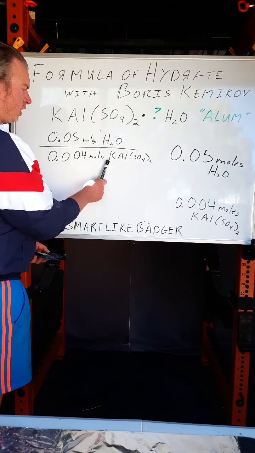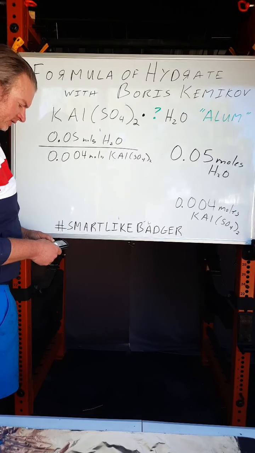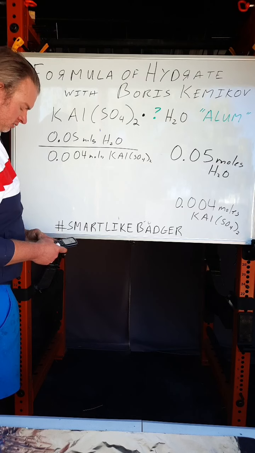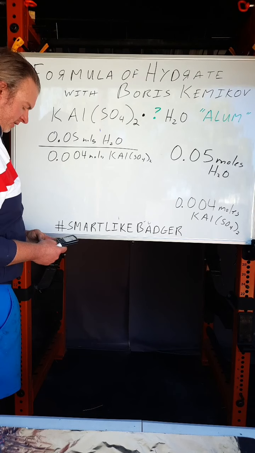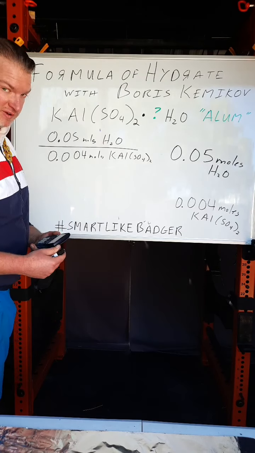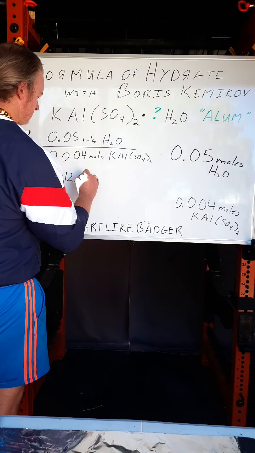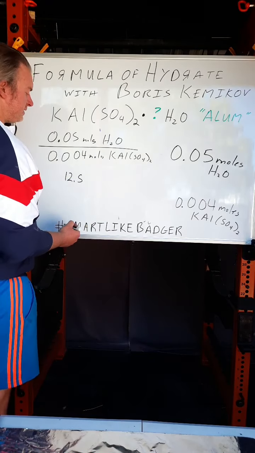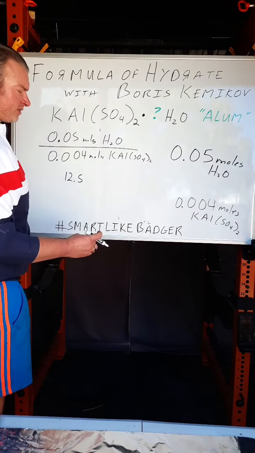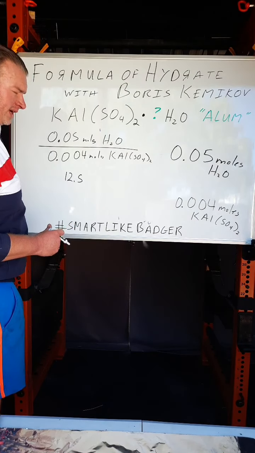This ratio tells us for how many molecules of potassium aluminum sulfate, how many water molecules are surrounding. 0.05 divided by 0.004 comes up with a number of 12.5. Very interesting conundrum. What does this mean? This means that every molecule of potassium aluminum sulfate is surrounded by 12.5 molecules of water.